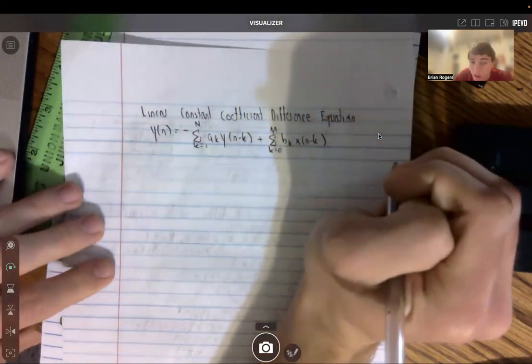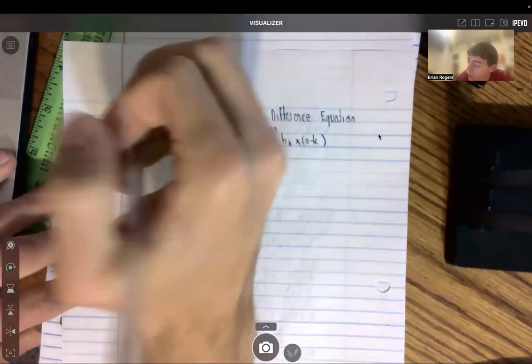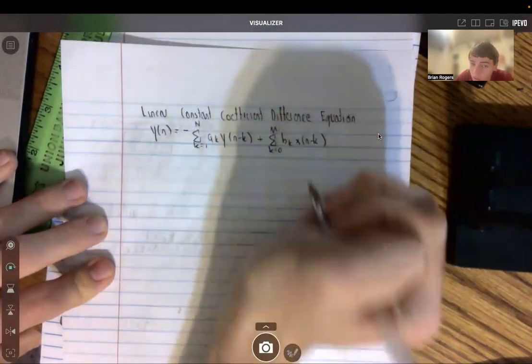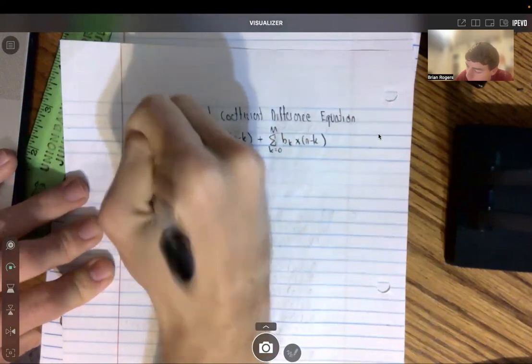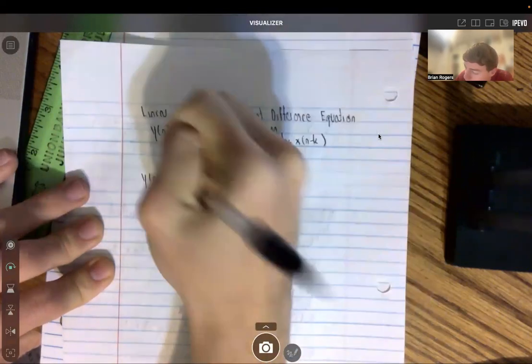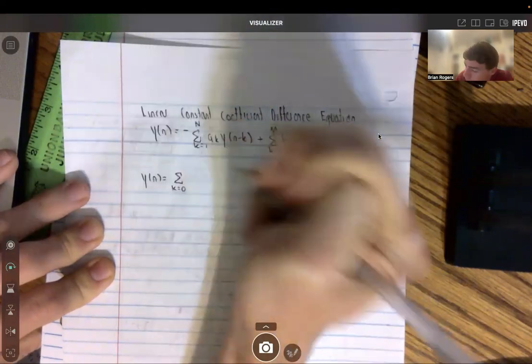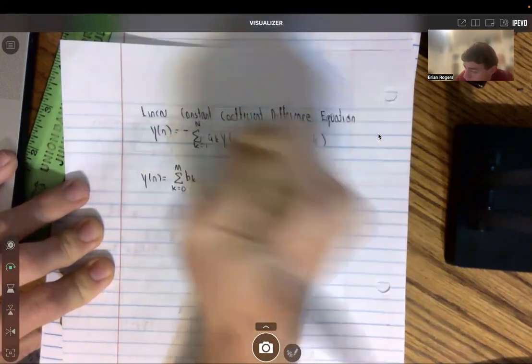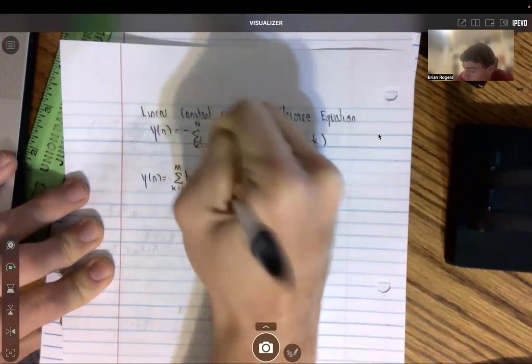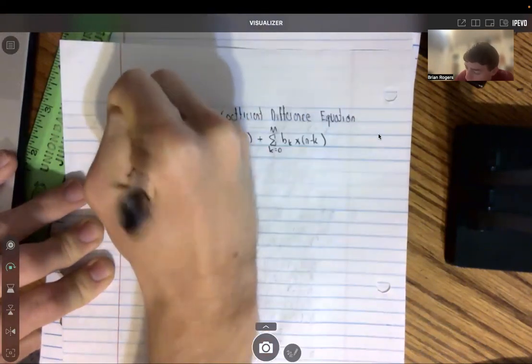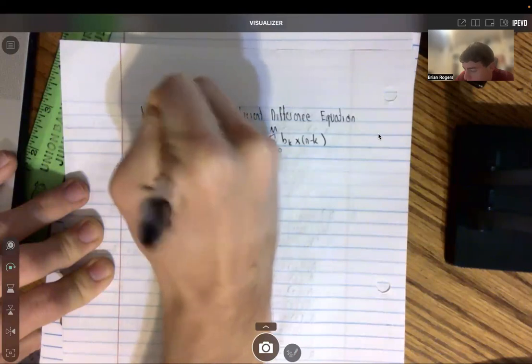So what we saw was that if it's just given by y of n is equal to the summation of your x terms, b of k x of n minus k, this is an FIR filter when it's just recursive on your inputs.